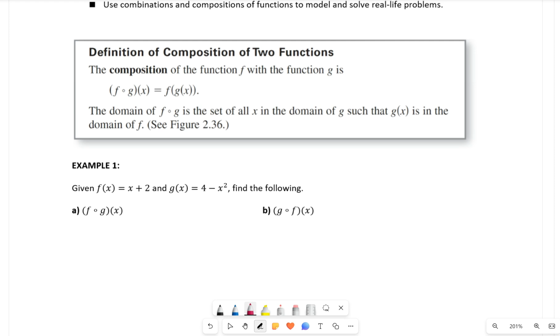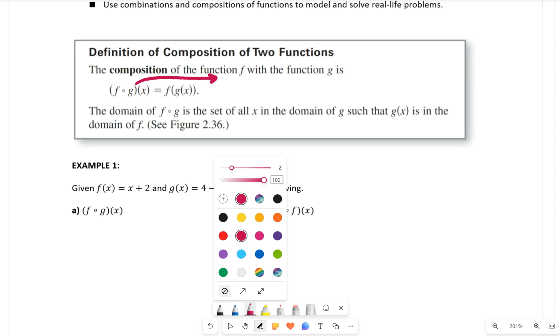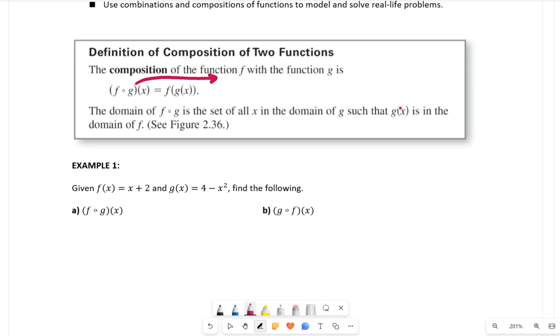So as far as how this symbolic notation reads, the first one, the one with the little open circle, you read it as, and I'm going to put little quotes here, "f is a composition of g of x."